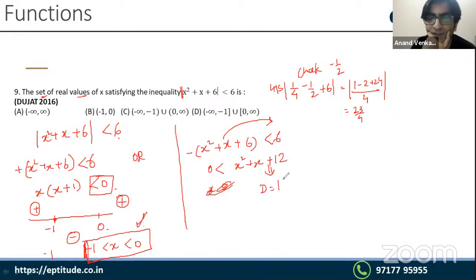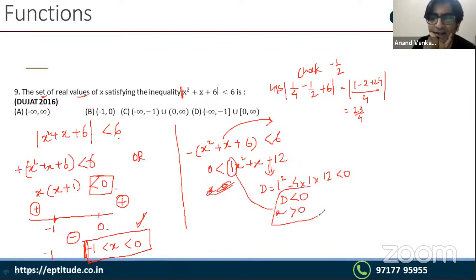What is d? b square minus 4 into 1 into 12. तो ये obviously नेगेटिव आ रहा है ना. इसका d is नेगेटिव और a, coefficient of x square, is 1, है ना. तो a is पॉजिटिव. तो जब भी किसी क्वाड्रेटिक का d नेगेटिव हो और a पॉजिटिव हो तो आपको पता होना चाहिए कि ये हमेशा पॉजिटिव होता है.